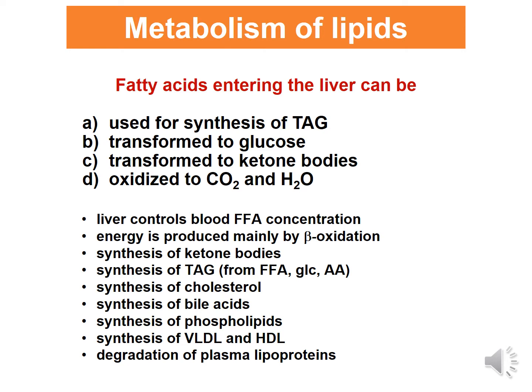In the liver can run synthesis of ketone bodies, triacylglycerol, cholesterol, bile acids, phospholipids, and lipoproteins, very low density and high density lipoproteins, and degradation of plasma lipoproteins as well.